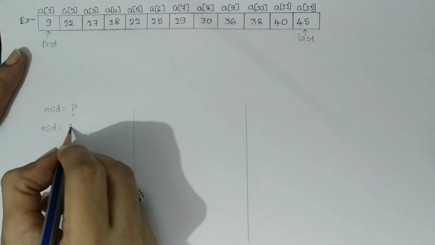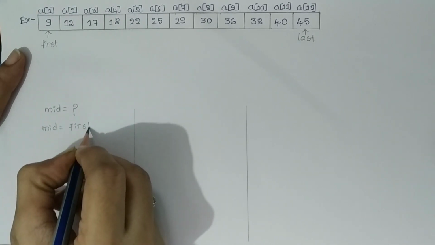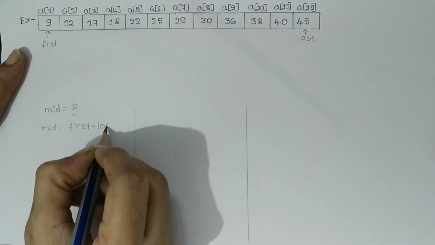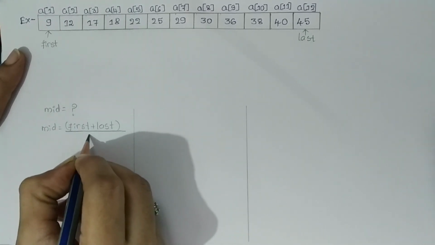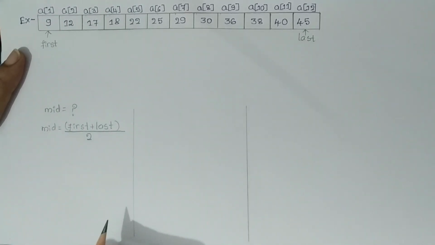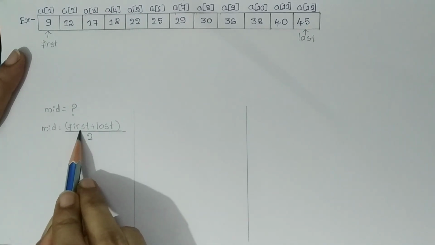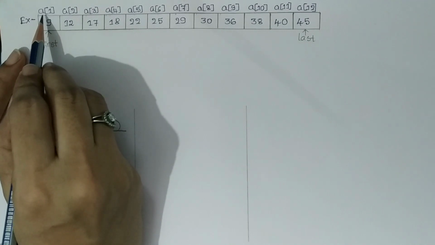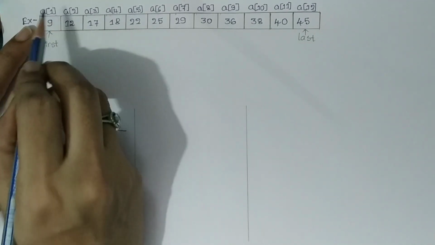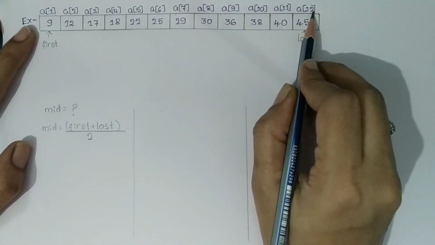mid equals first plus last divided by 2. So what is the first value? First value is the index of the first element, that is array of 1, and last is array of 12.